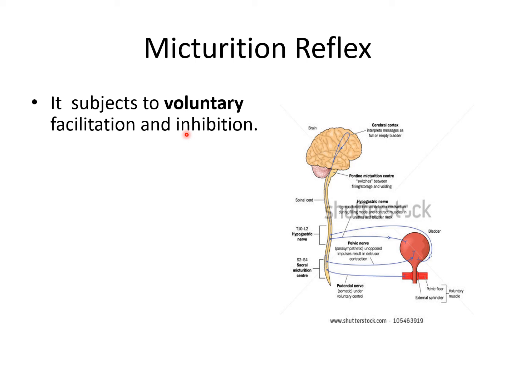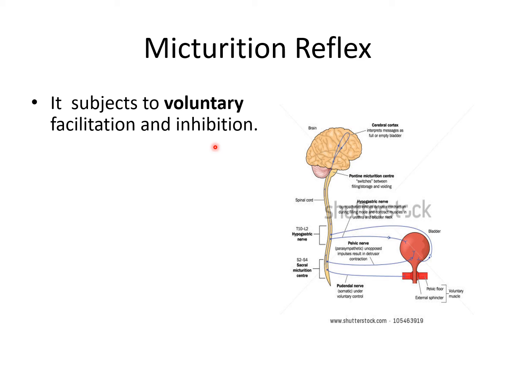So if we have an urge of micturition but our circumstance is not allowing us to void, we can hold our micturition for some time. So it is voluntarily controlled. On the other hand, we can micturate even when there is no urge for micturition or voiding.